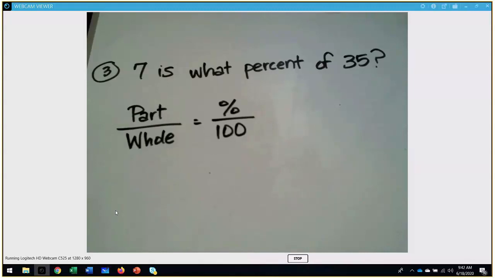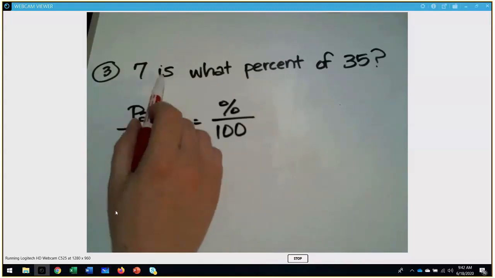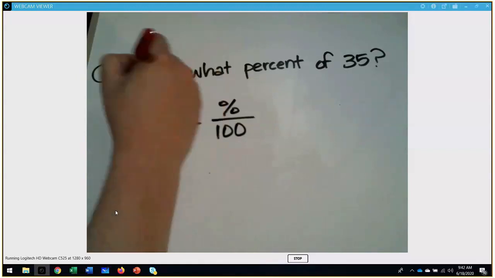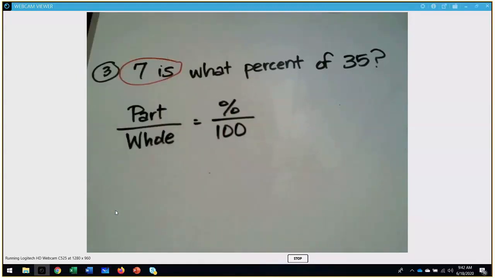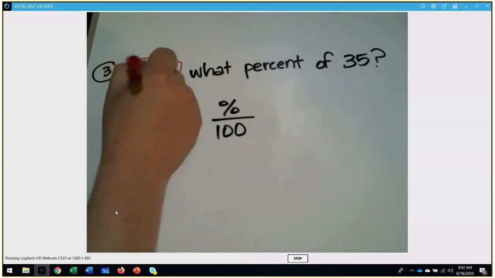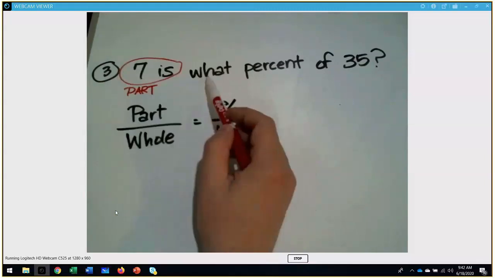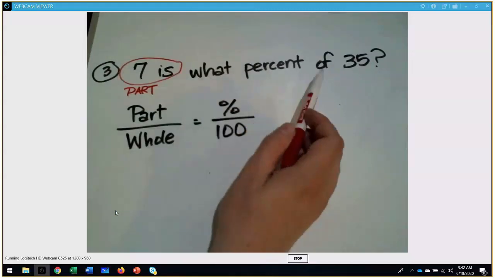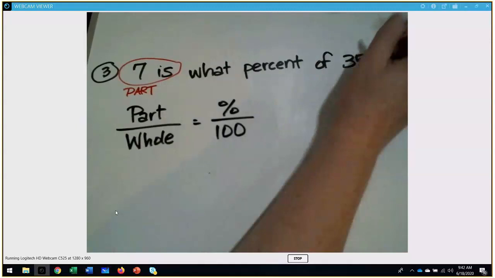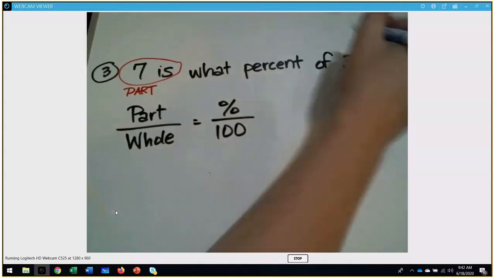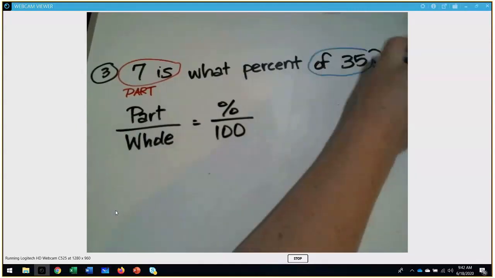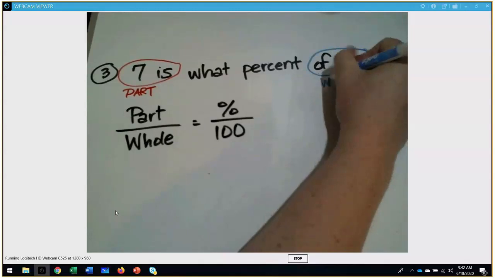Okay, but in the meantime, let's figure what we got here. So the 7 is what the is. So what is that? Part. Yep. What percent, and then of 35. So here's your whole.